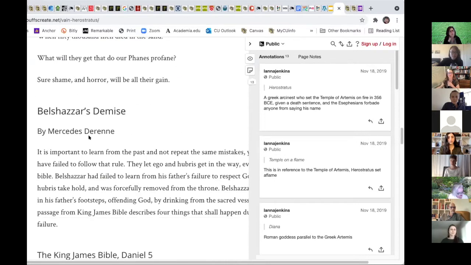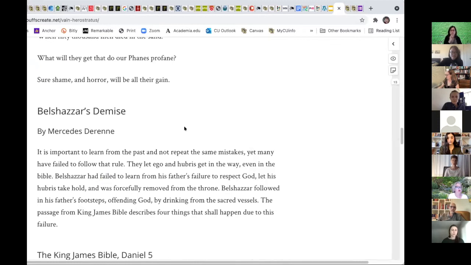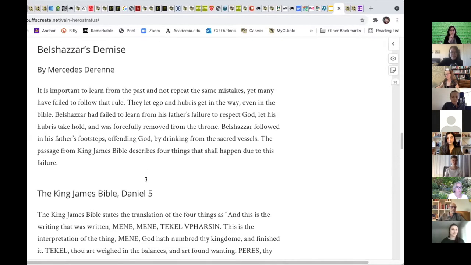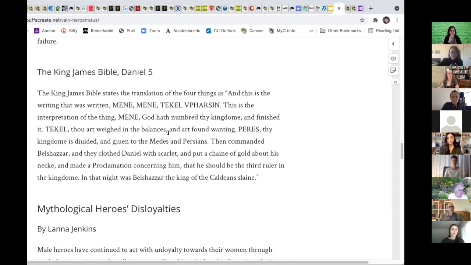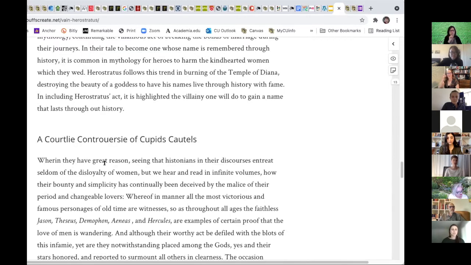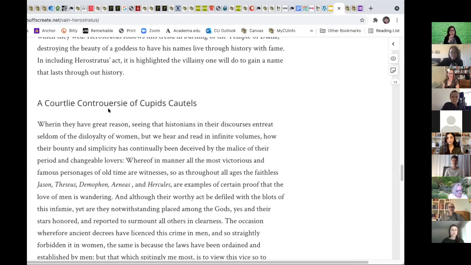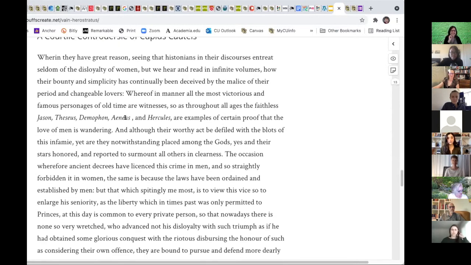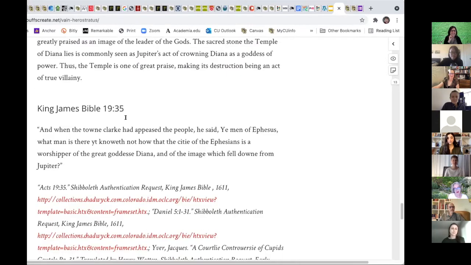And then they introduced some little curations. So these 2 were interested in Balthazar's feast. They gave us some information about that and curated a quote from the King James Bible that depicts that. Another topic was mythological heroes, and we have this quote from the wonderful courtly controversy of Cupid's Coddles and so forth, right?